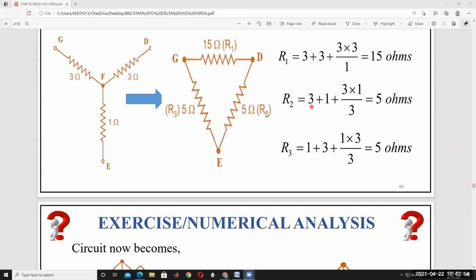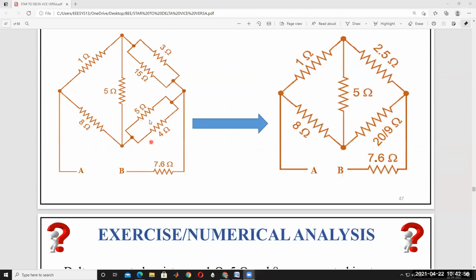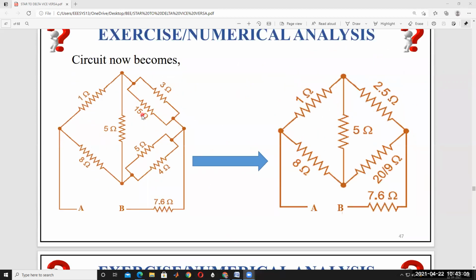It is nothing but R2, a 5 ohm resistor. Connect the 5 ohm resistor, which is exactly parallel to the 4 ohm resistor. And simplify 15 and 3, so we'll get 2.5. Similarly, if 5 and 4 simplify, we'll get 20 by 9.